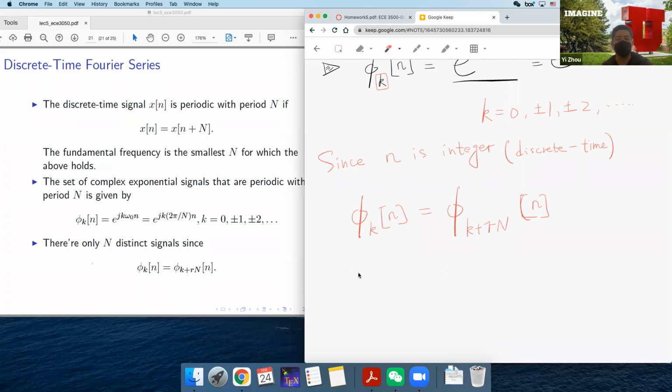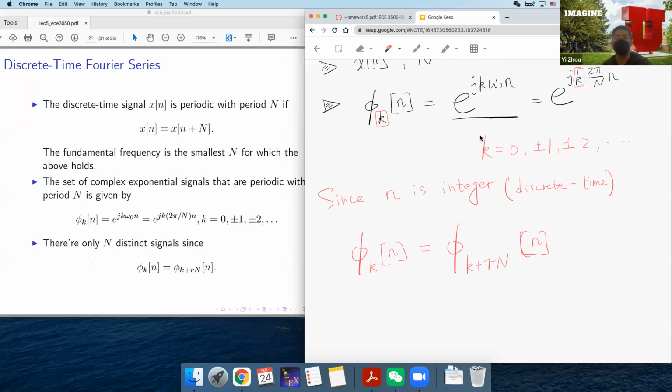To be more specific, following the continuous time case, we may want to consider the entire set of basis signals, where k takes all the integer values, positive and negative. So it seems that we have infinitely many of these basis signals.